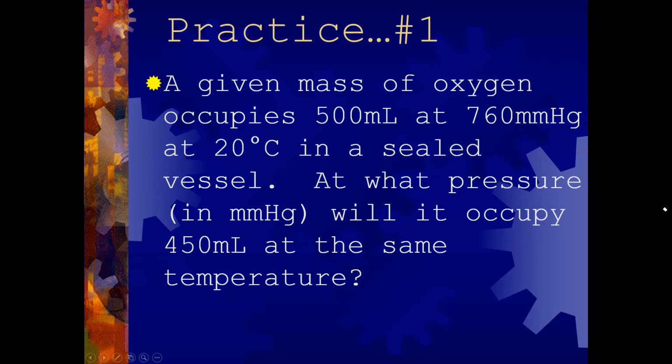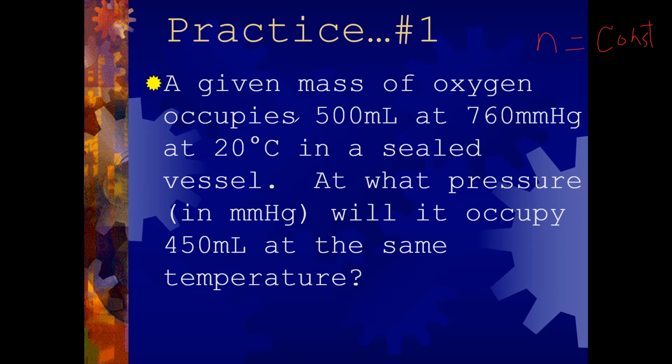Usually what I do is I write things down. So this is a given mass of oxygen. That means N is constant because it's not mentioned again. N is constant in all of them, so I'm just going to call it constant because it doesn't fit.